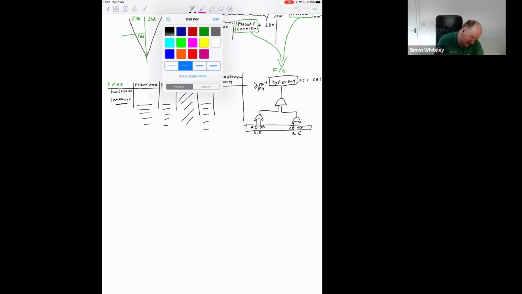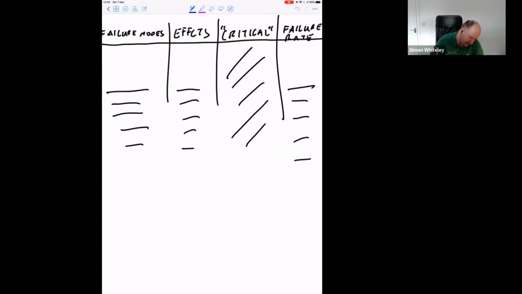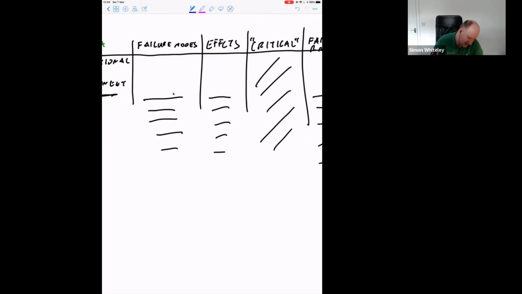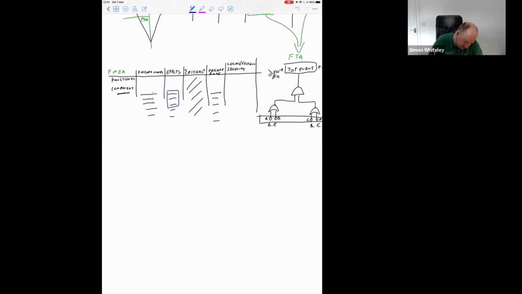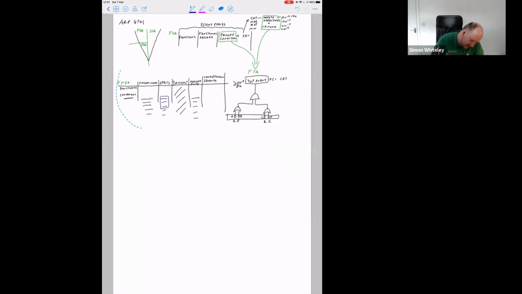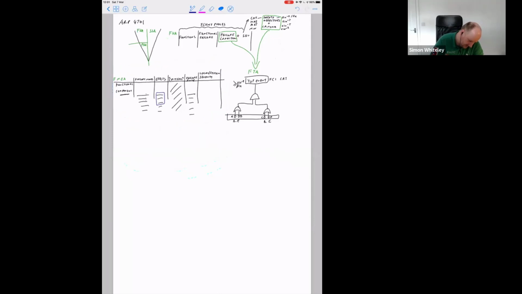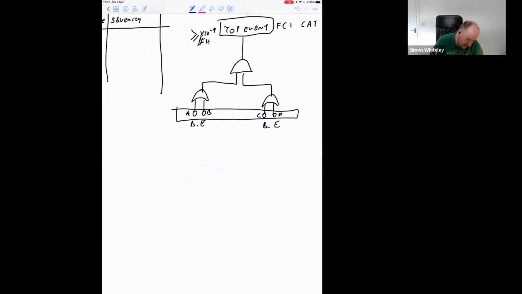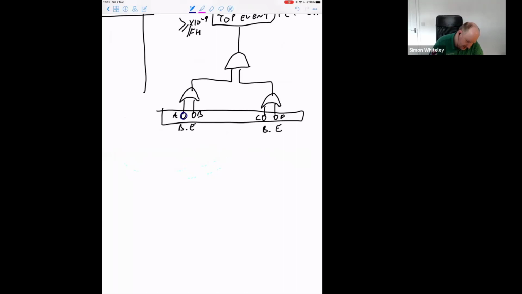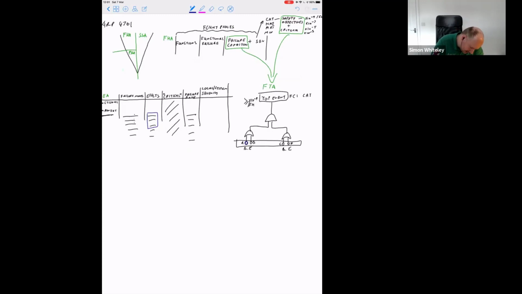Now, when I was talking about failure modes and effects summaries, some of these failure modes might have similar effects, and so you would group them like this. To join fault trees and FMEAs together, some of these base events down here might be related to certain component failures, so they can be directly related to some of those.